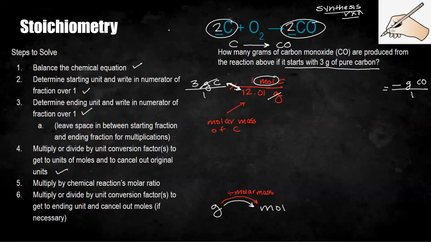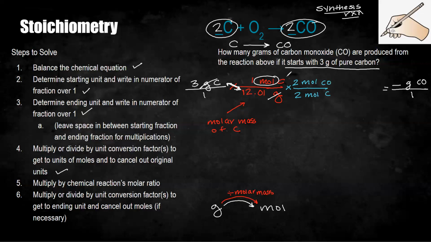So my molar ratio, I'm going a different color here, is for every 2 moles of carbon monoxide, and I'm going to write moles here too, I have 2 moles of pure carbon.